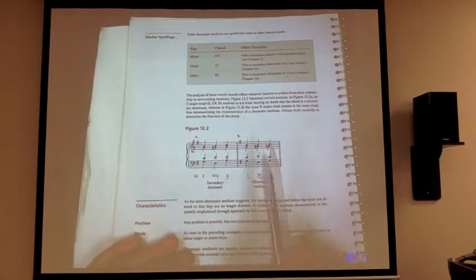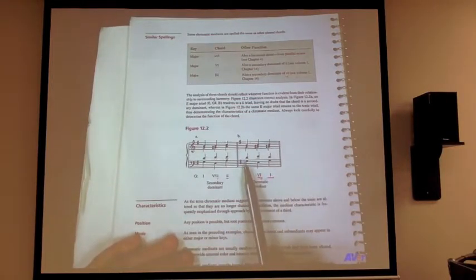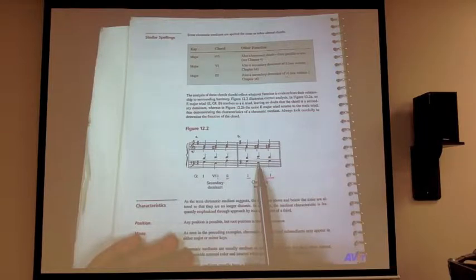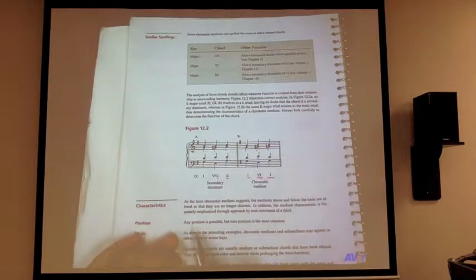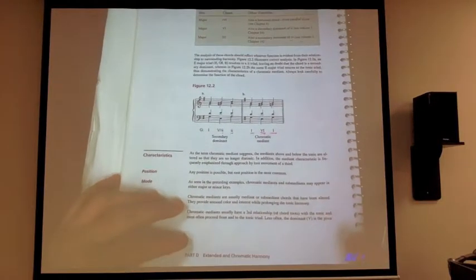So that means the root of the chord, in this case the G, moves down a third. Bam, chromatic mediant, all right? Any position is possible, but root position is the most common. You will see these in other inversions, but usually it's root position, like 99% of the time.